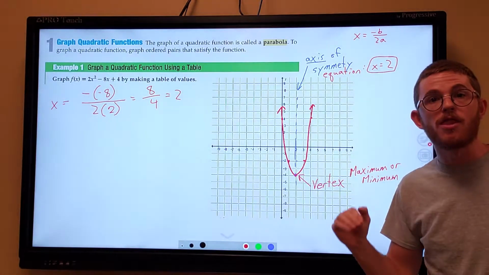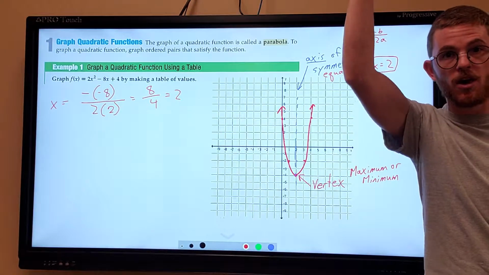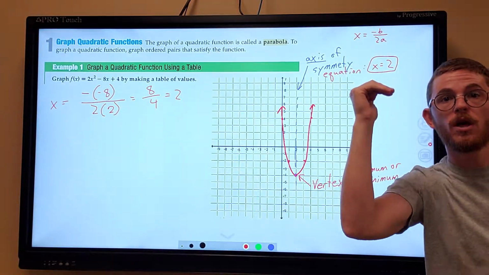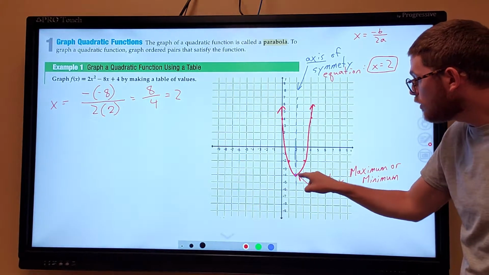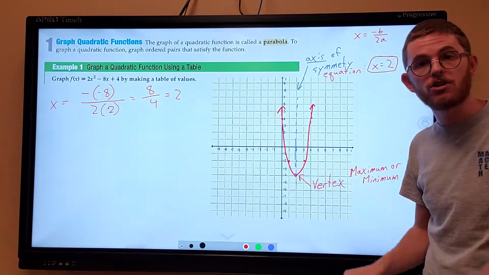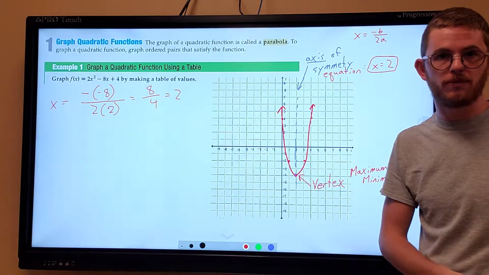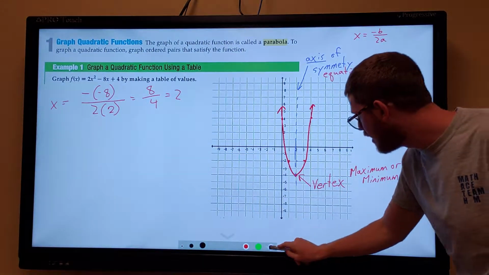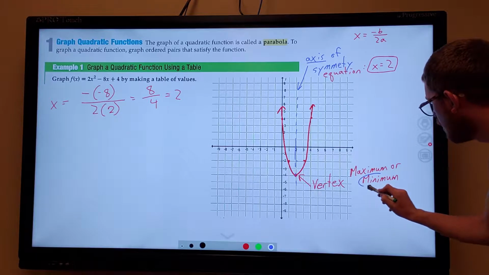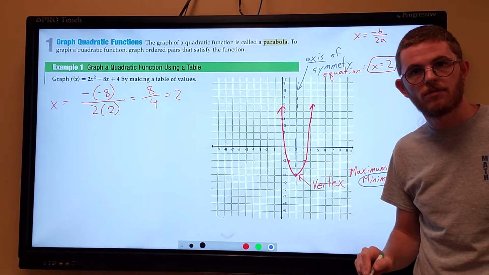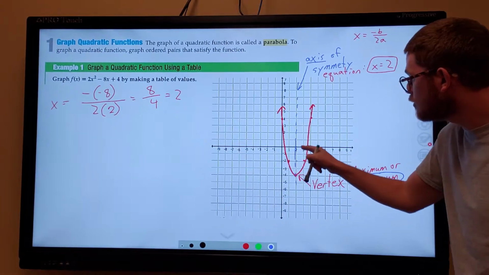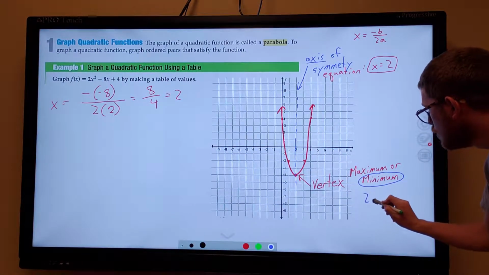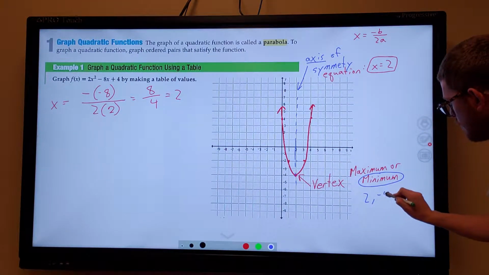It's either the highest point of our function, or the lowest point of our function. Well, clearly this vertex in this function is the lowest point. So in this case, this vertex is a minimum. This vertex, this point, is 2, negative 4.